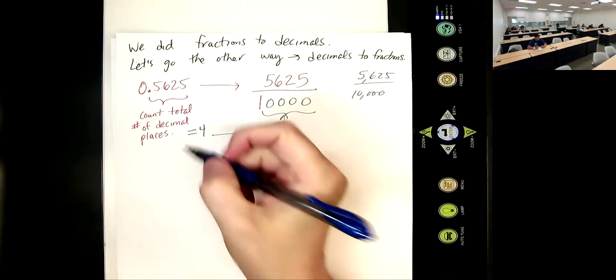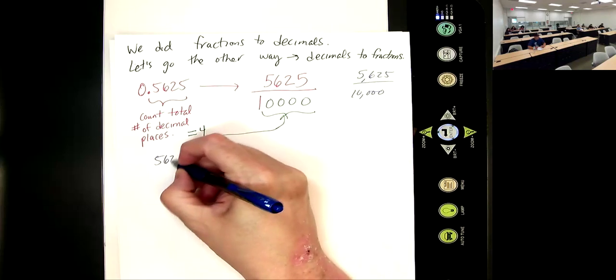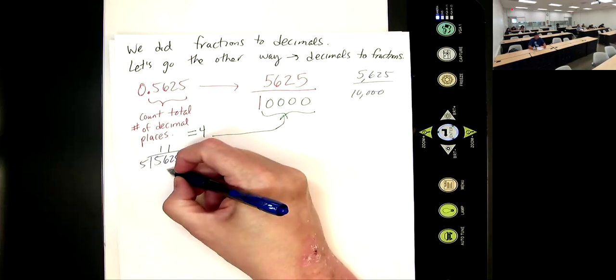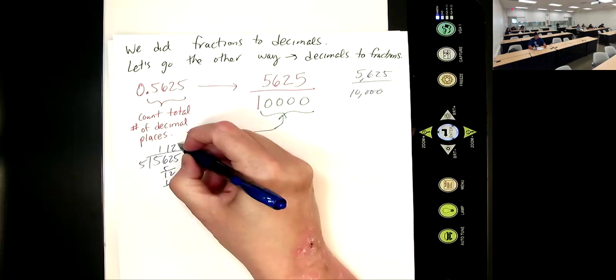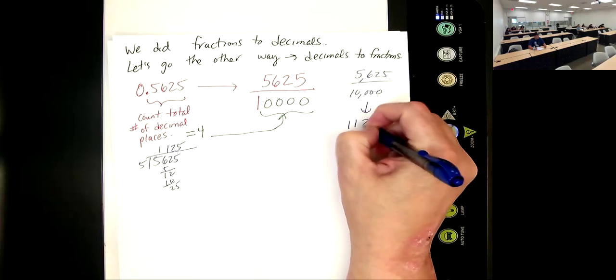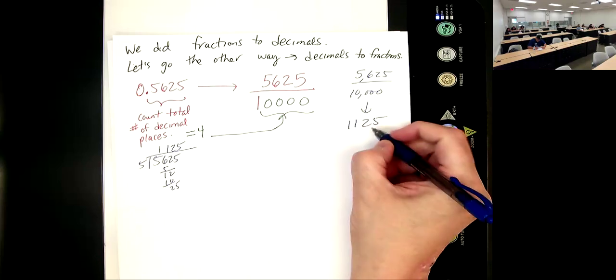So if I divide 5625 by 5, I get 1125 on top. Looks like this is going to be able to get smaller again. 10,000 divided by 5 is 2,000.